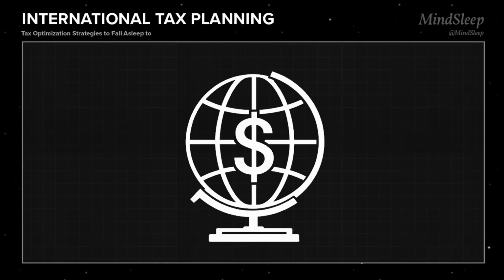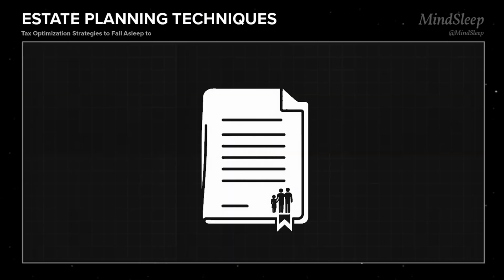Let us now turn our attention to this equally fascinating and complex area of tax optimization. As we delve deeper into the realm of tax optimization, we arrive at a topic that intertwines financial strategy with the inevitabilities of life: estate planning techniques.